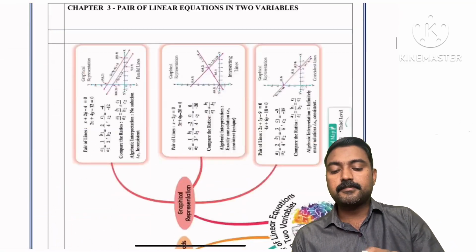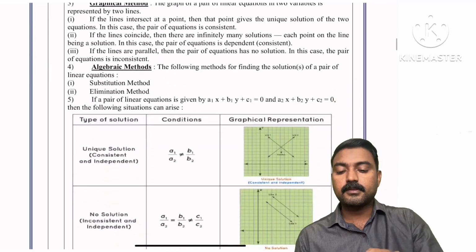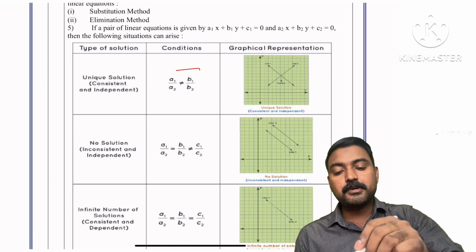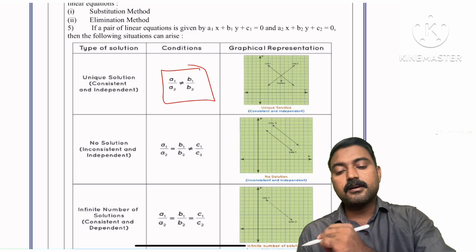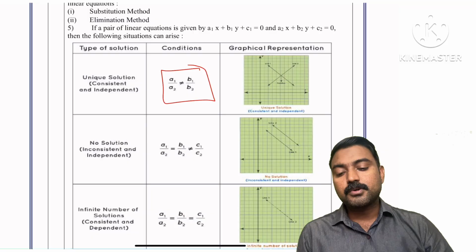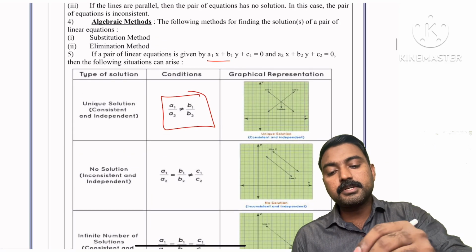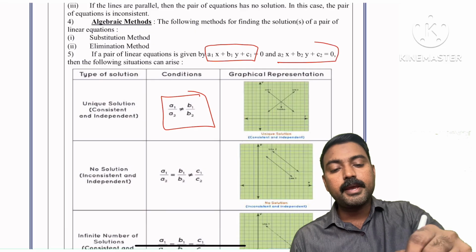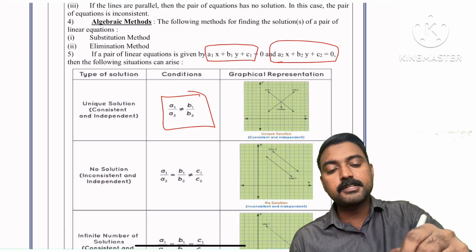Now the next chapter, pair of linear equations. We studied the relationship between the coefficients and the solution. Coefficients means the actual equation. We know that a1x plus b1y plus c1 is equal to 0, a2x plus b2y plus c2 is equal to 0.